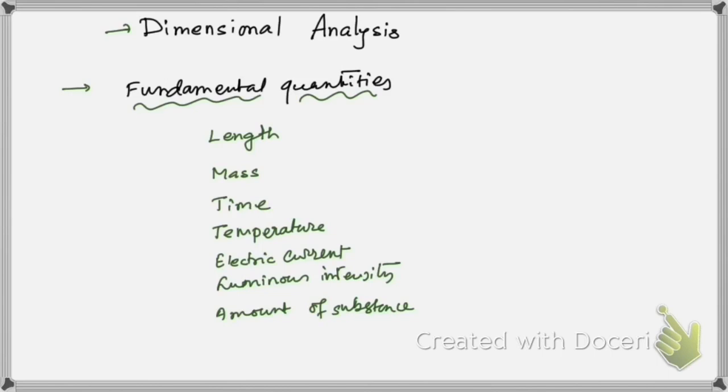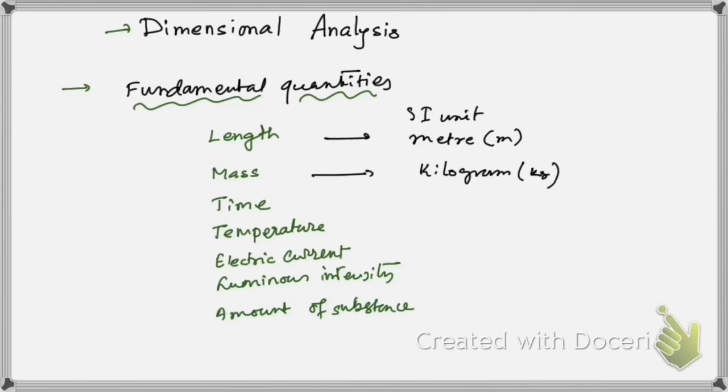So their SI unit of length is meter, symbol m, and SI unit of mass is kilogram, its symbol is kg, right?